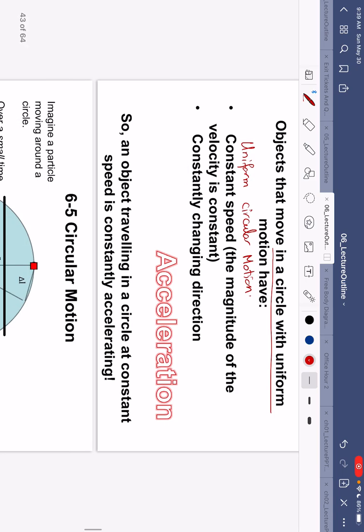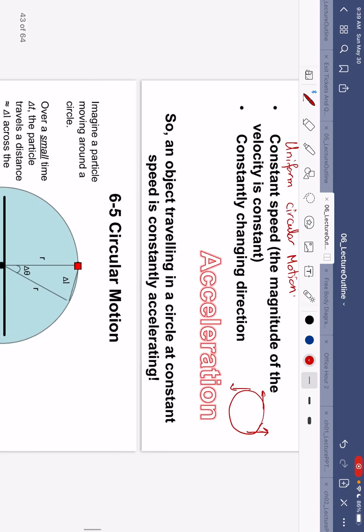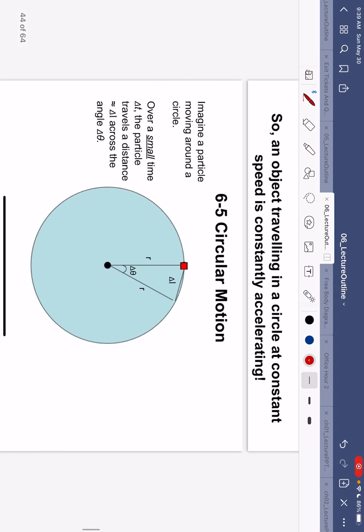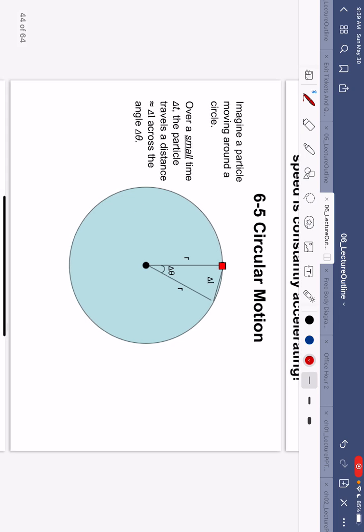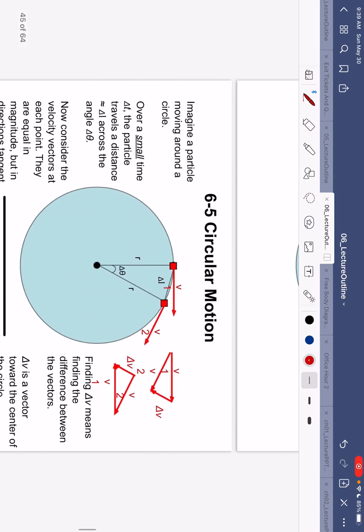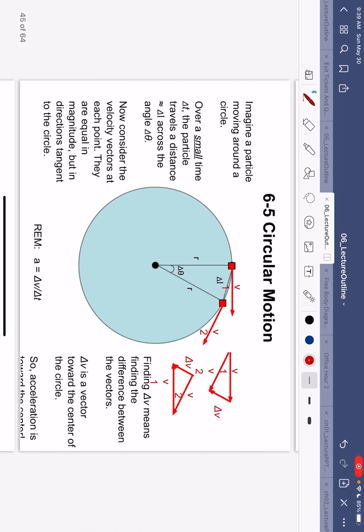Now, because the direction of my object keeps changing, we need acceleration, and we call that acceleration centripetal acceleration. It should be pointing to the center, and this is the reason why we call it centripetal, or sometimes center seeking. Here, in that picture, I have my object initially here, then this is V1 and this is V2.